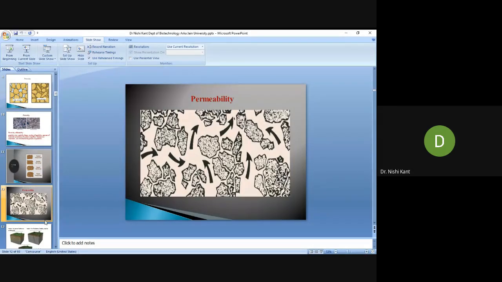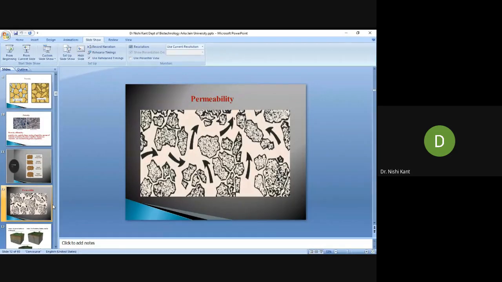It is a property of the medium only, independent of the fluid property. 1 Darcy is equal to 1000 milliDarcy; Darcy is the unit of permeability.